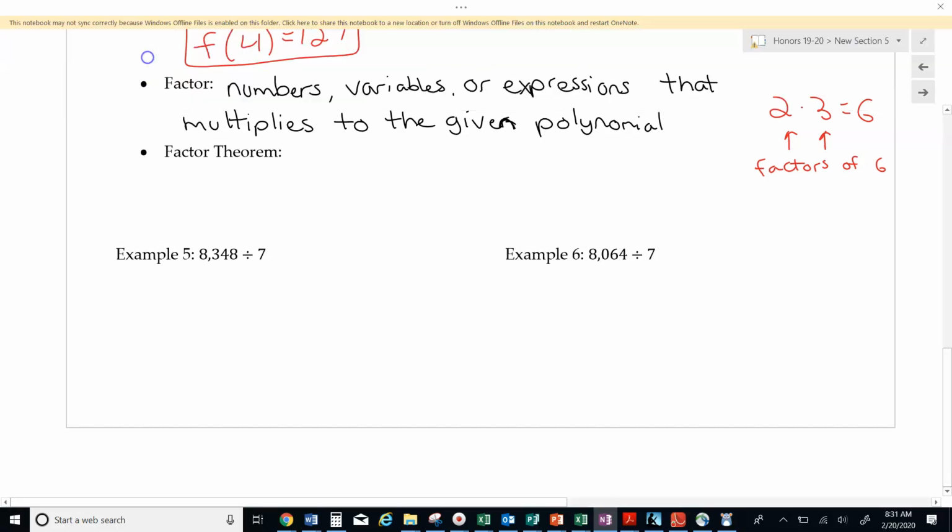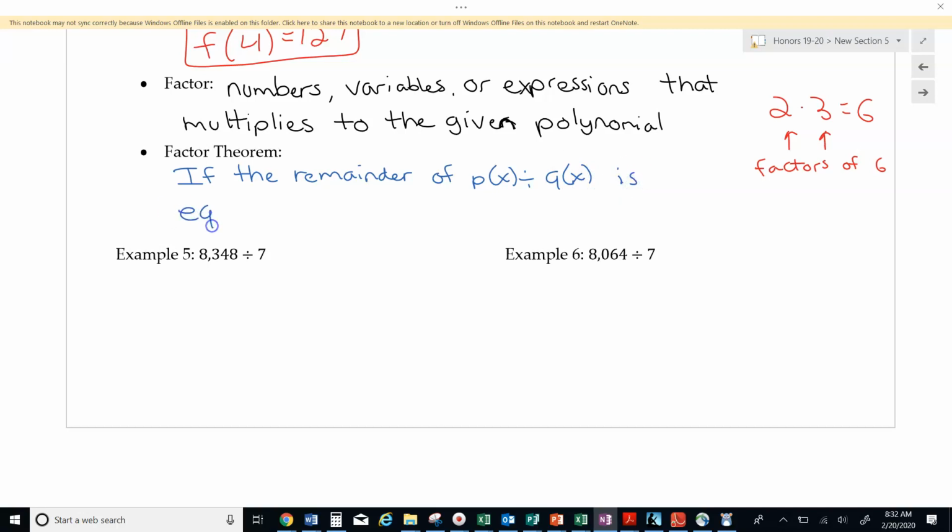So then our factor theorem, what does our factor theorem say? Our factor theorem says that if the remainder of p of x divided by q of x, so one divided by the other, is equal to 0, then q of x is a factor of p of x.